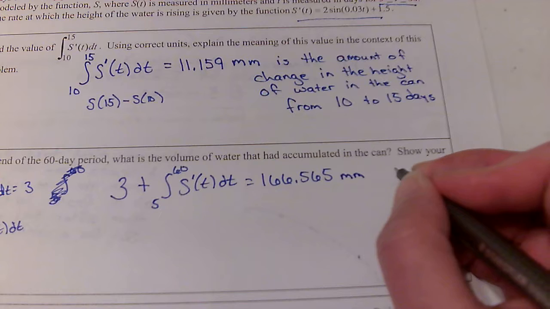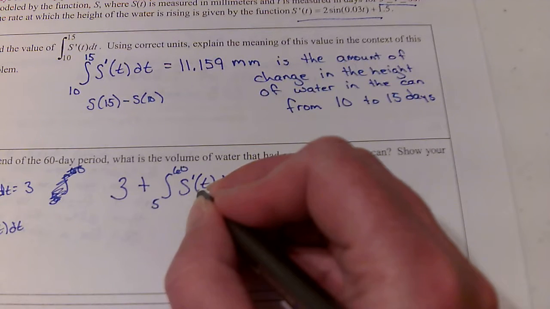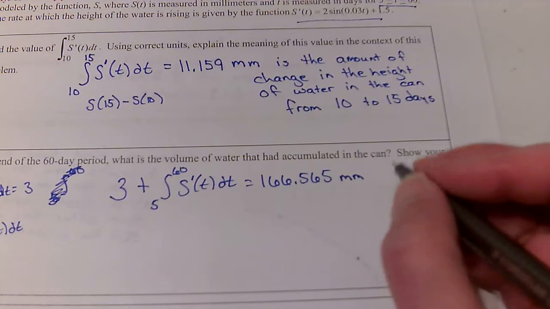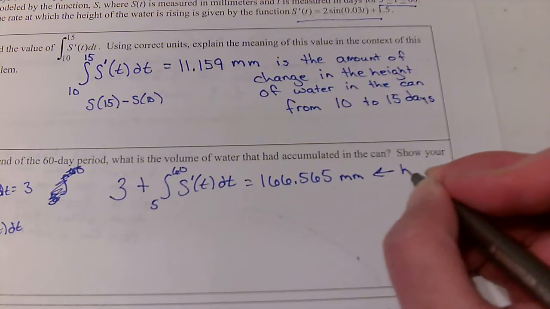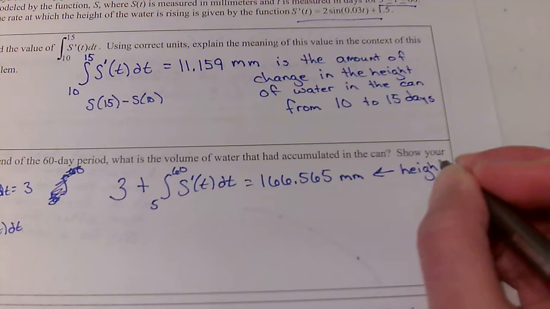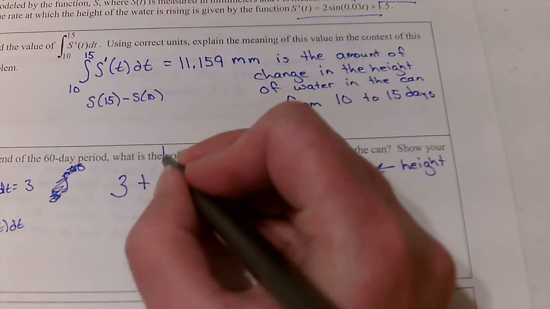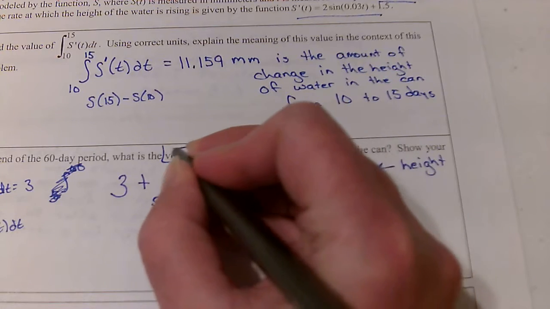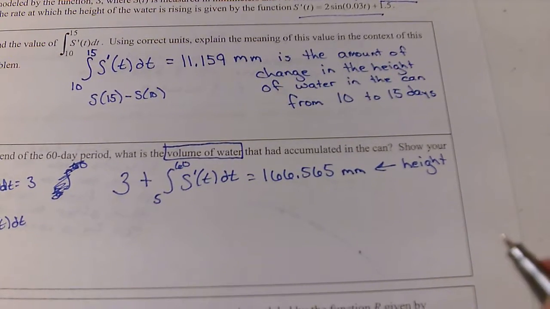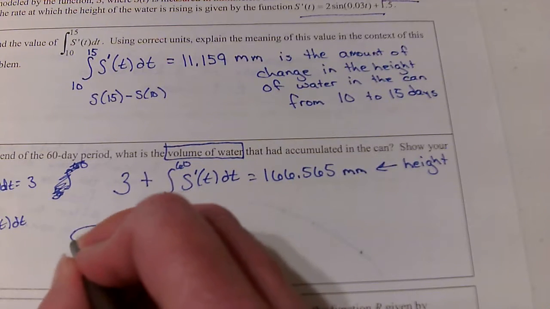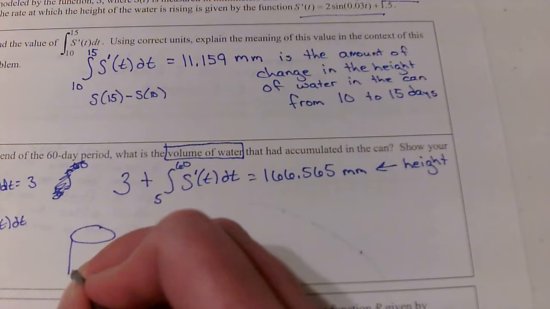Okay, so wait a minute. This was finding the height, the millimeters that have been collected. Oh, they tried to trick us. What did they actually ask for? Volume. Oh, no. Okay, so this was a cylindrical can, and it's been filling up.